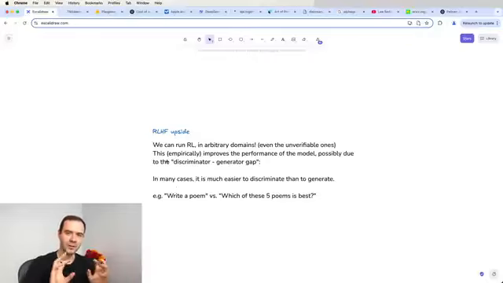And so RLHF sidesteps this because we get to ask people a significantly easier question as data labelers. They're not asked to write poems directly. They're just given 5 poems from the model, and they're just asked to order them. That's a much easier task for a human labeler.